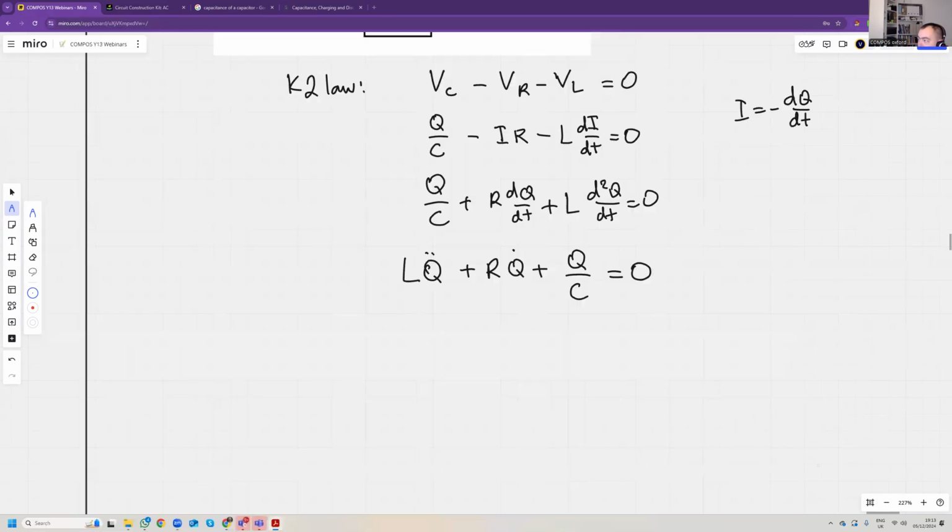And then I can divide both sides by L, and Q double dot plus R over L Q dot plus Q over LC equals 0.